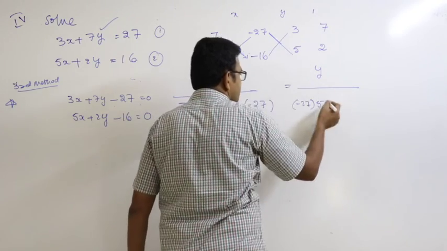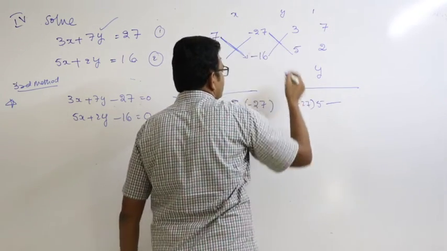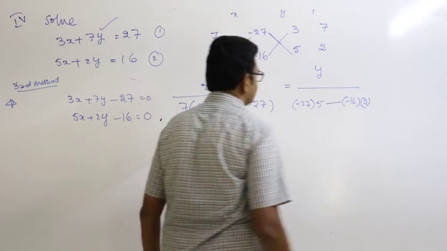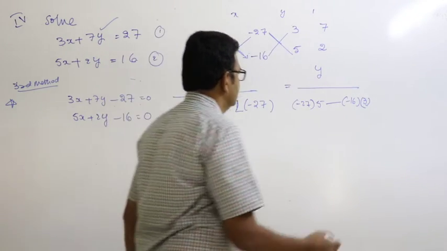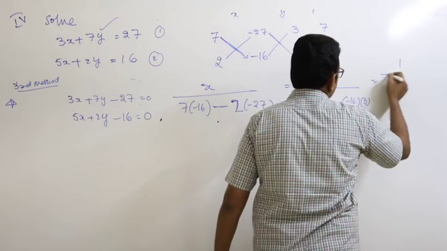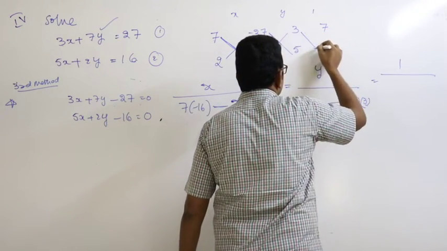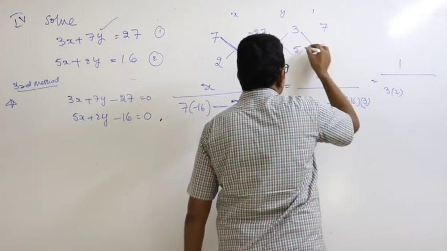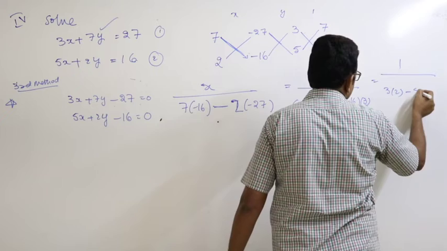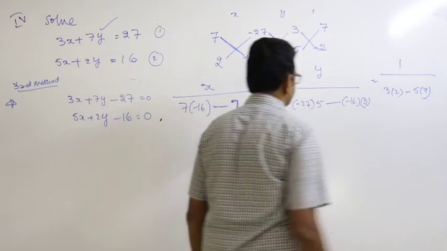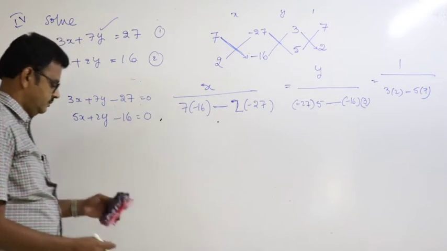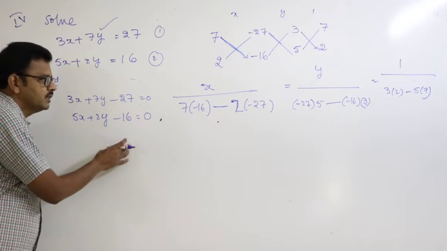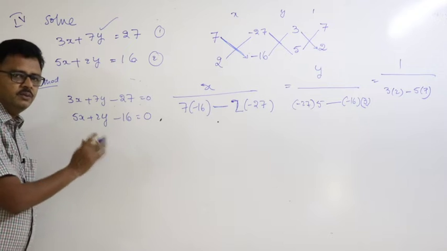Next put minus, the product of these two numbers, that is minus 16 into 3, is equal to 1 by the product of these two, that is 3 into 2 minus the product of these two, 5 into 7. Just by practice you will get it. After that I will give you 5 to 6 problems, you have to do them.